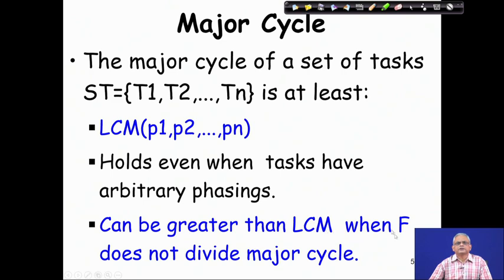If it does not, then we have some frame which does not complete at the major cycle boundary, and therefore, the schedule has to be stored much larger than the major cycle, and that is the reason why one of the requirements for setting up the frame size is that the frame size must divide the major cycle. Otherwise, the schedule length to be stored in the table will be much larger.